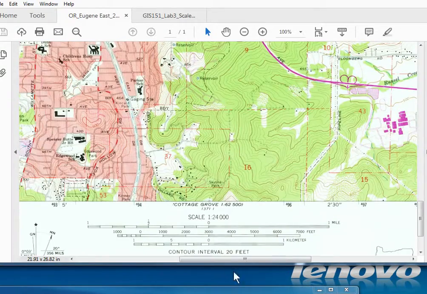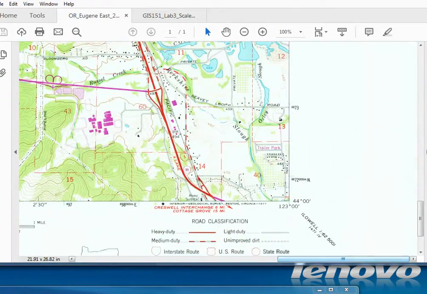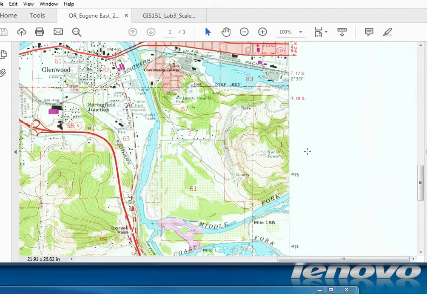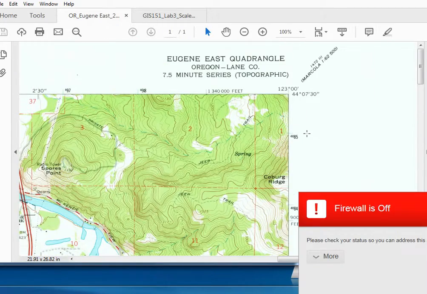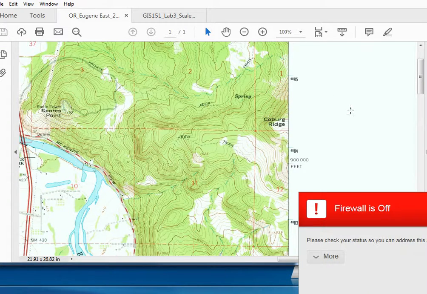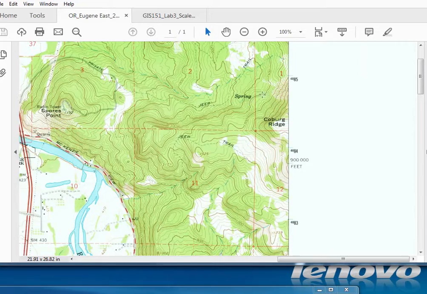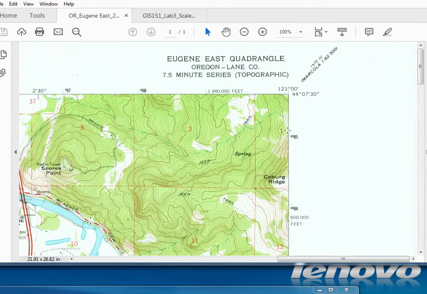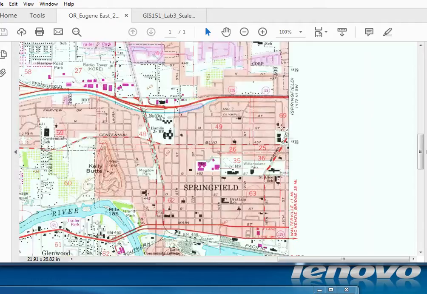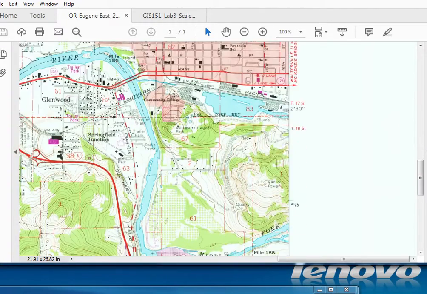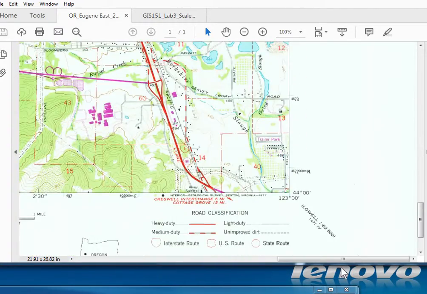And then the first question is, how many miles is it in latitude? So from 44 degrees to 44 degrees 7 minutes 30 seconds. That's 7.5 minutes of latitude. Remember, degrees, minutes, and seconds are measurements, points on the earth, and the distance between them is a measurement.